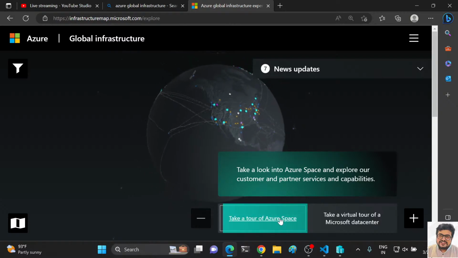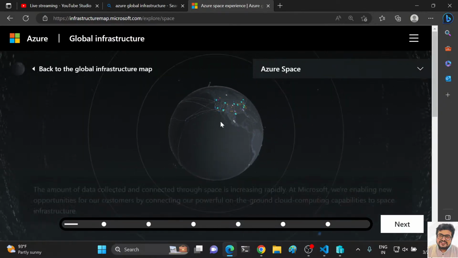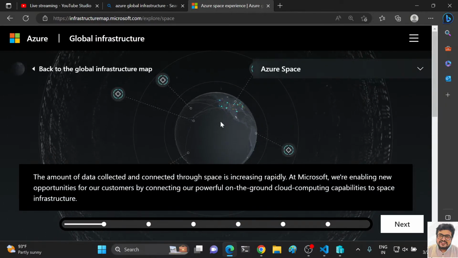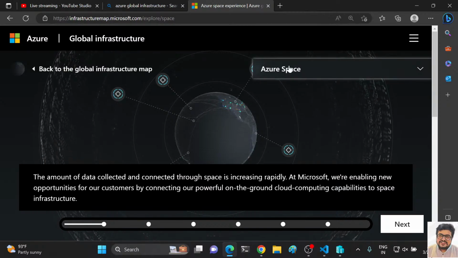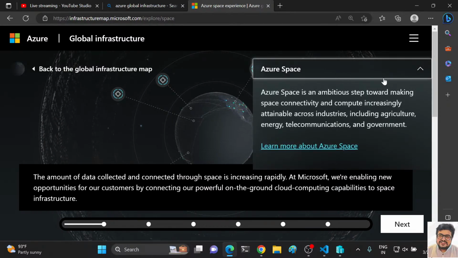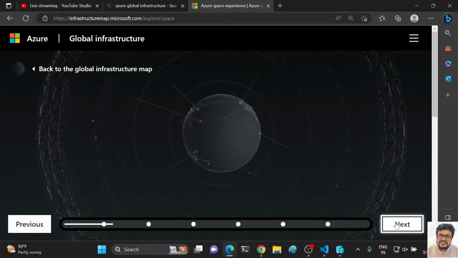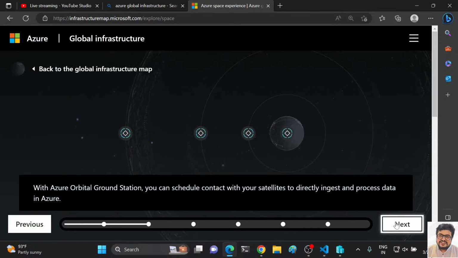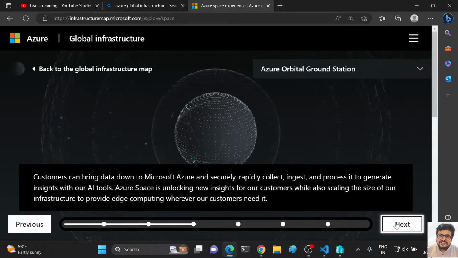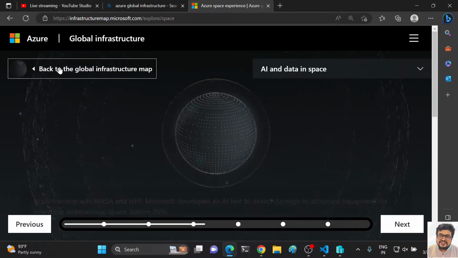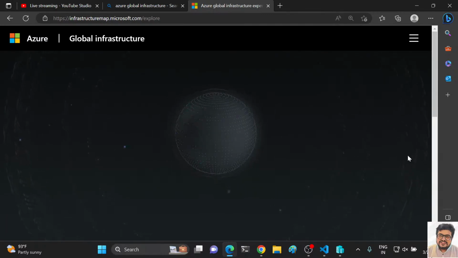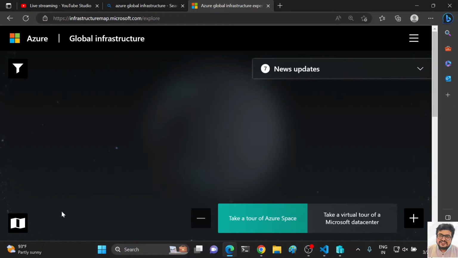So now they want to give space connectivity also. Connectivity from satellites. Okay, this is good for fun, but let us come to reality. That is something which Azure will do.